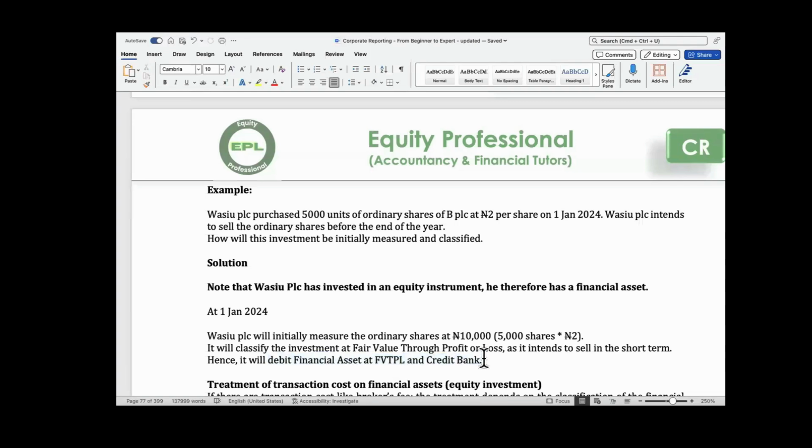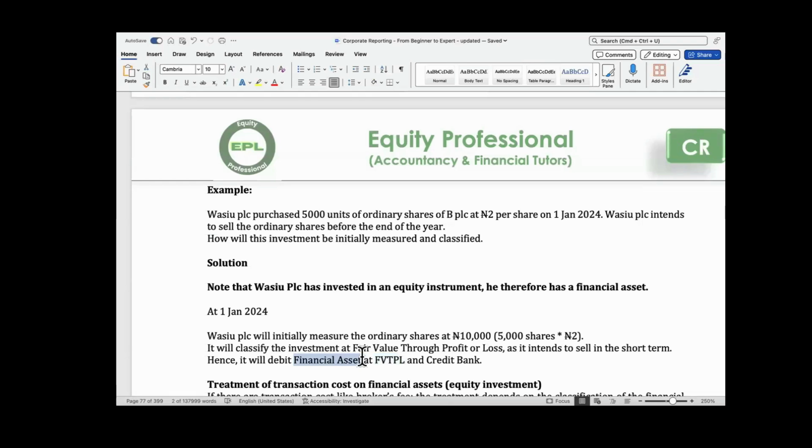But what I'm concerned about more is this classification thing. You need to understand it very well. When you are buying these shares for the short term, it's going to be classified as financial asset at fair value to P&L, or you can be more specific, because when you just say financial asset, we don't know whether you're talking about equity investment or debt investment.